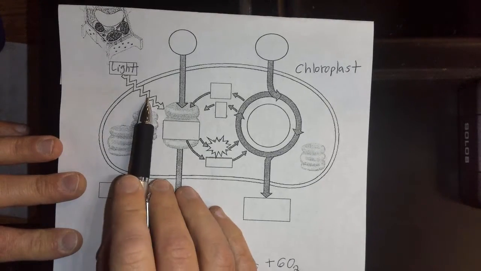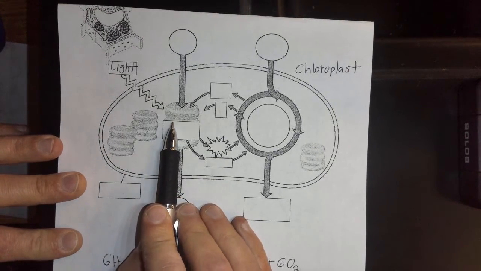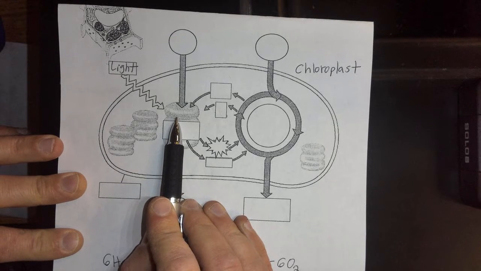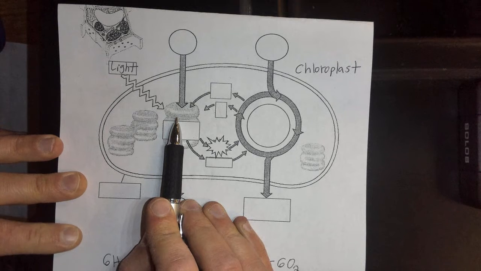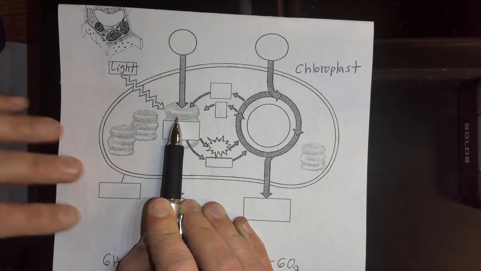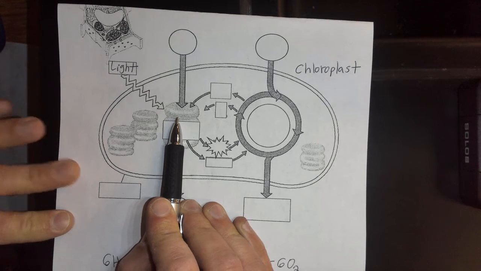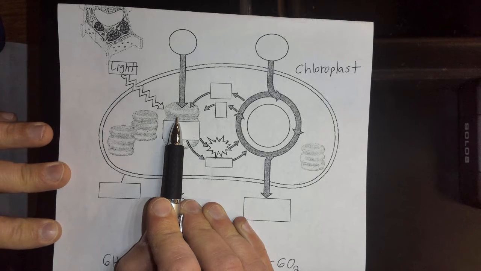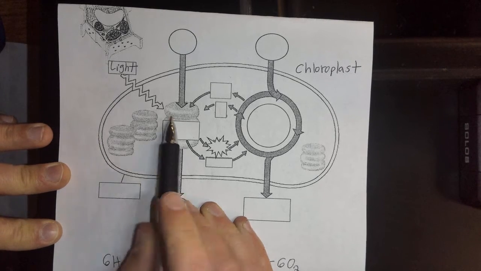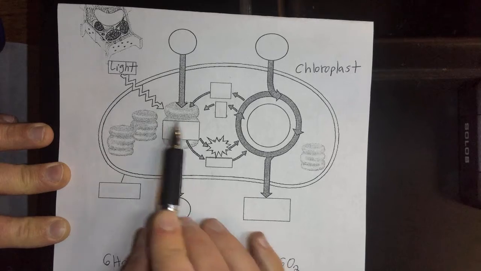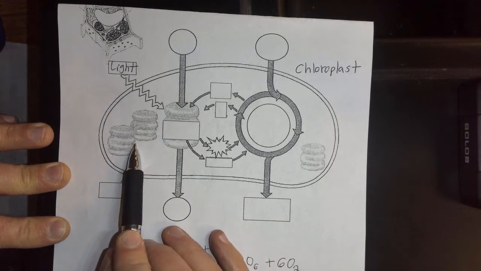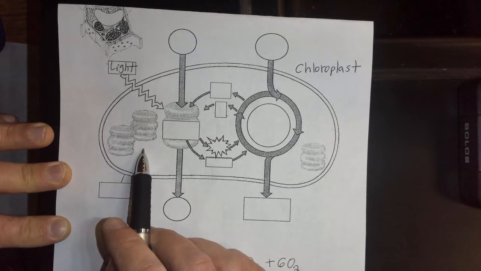Okay, light is really being absorbed by this special pigment inside this organelle called chlorophyll. Okay, chlorophyll is a green colored pigment that happens to absorb a certain wavelength of light. Okay, so this chlorophyll is actually located in these structures here called the thylakoid.